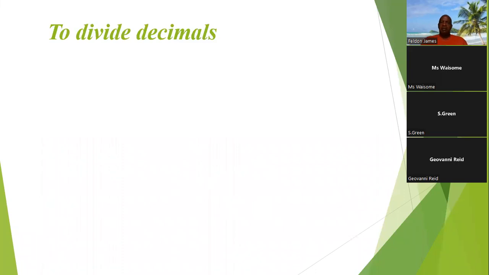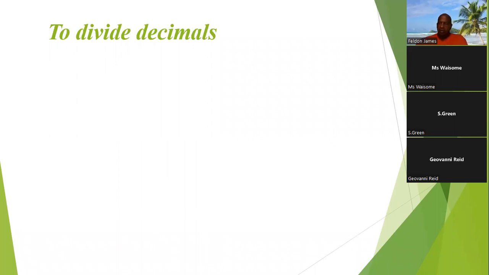All right, just repeating what I just said. Now we see how to add decimals, and we say subtraction would be done in a similar way. And we also saw how to multiply decimals together. And so what we want to look at now is how to divide decimals.